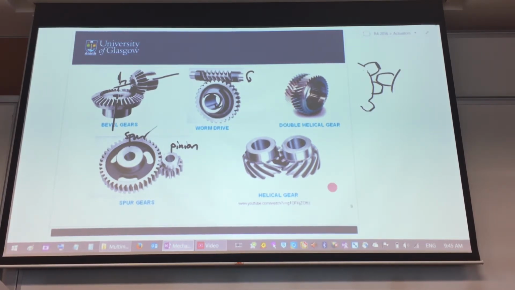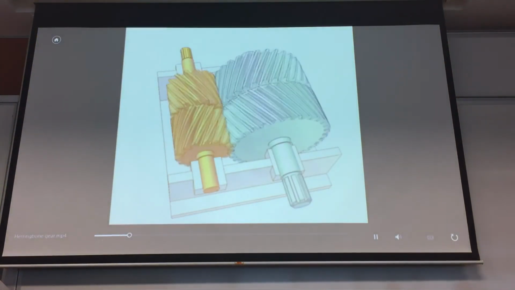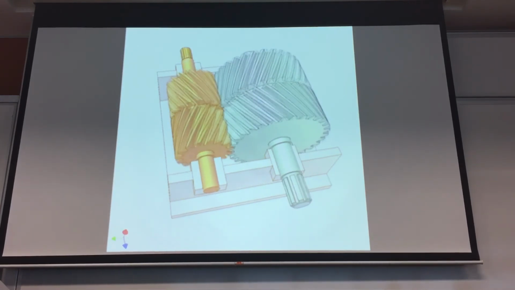So when you have a double helical gear next to another double helical gear, these two gears will not drift away from each other. I'll show you an animation. Sometimes it's called herringbone gear, or sometimes just double helical gear.